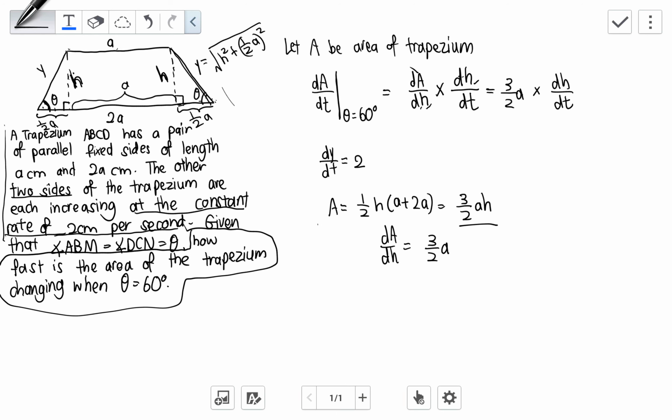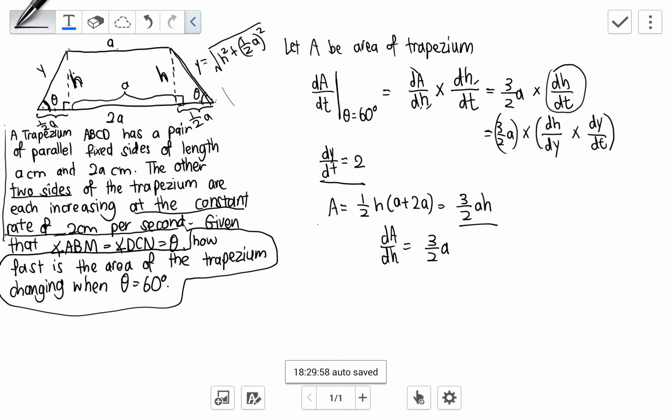We don't know dh dt, but we know dy dt. Okay, so the intuition is, we want dh on top, and we want dt below. We have dy dt, so we let this be dy dt, and then this would be dy as well. Okay, so when these two cancel, you get back to this one, right?